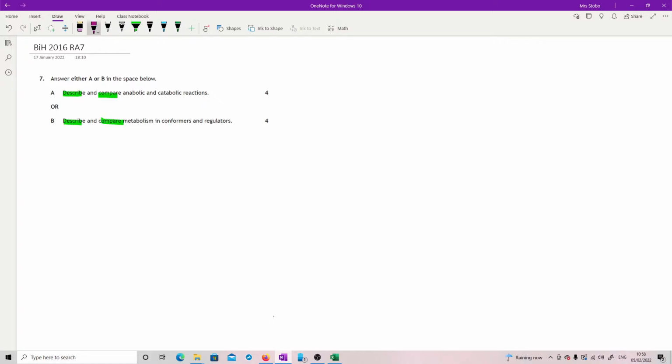Okay, so what we want is to start with anabolic. You want to give a definition. So if you say that anabolic is something which involves the synthesis or the build-up of larger molecules from small, 1 mark.